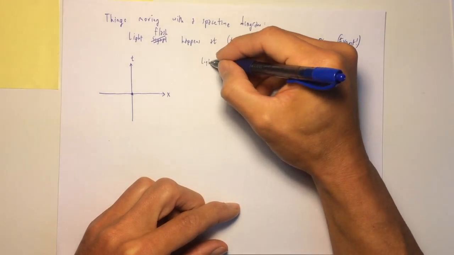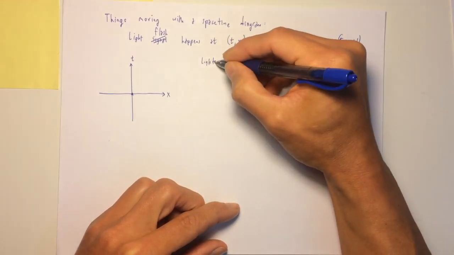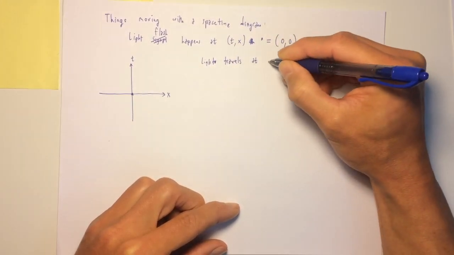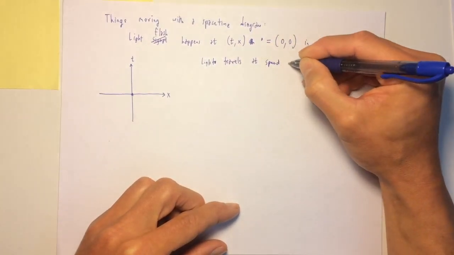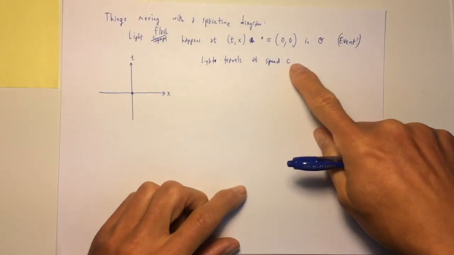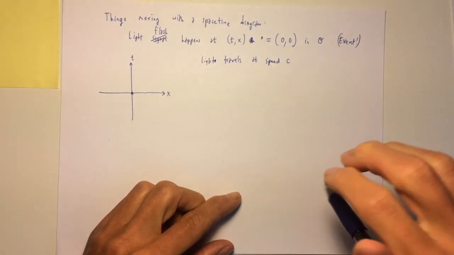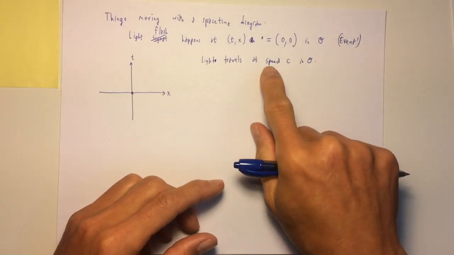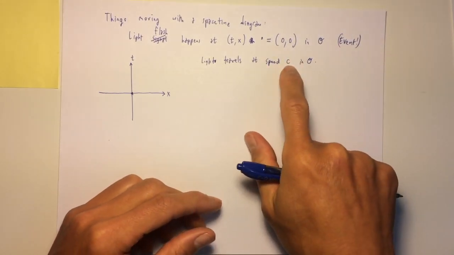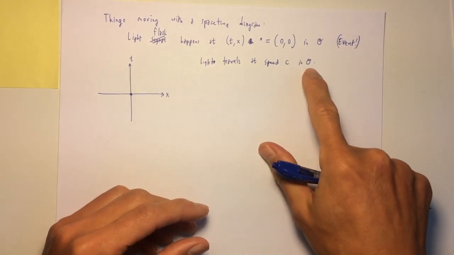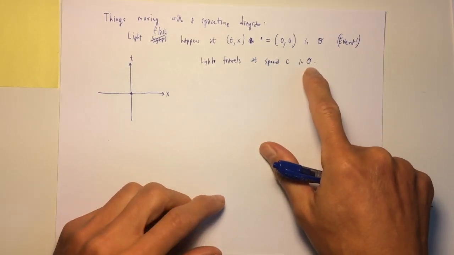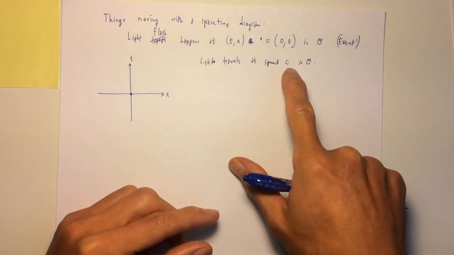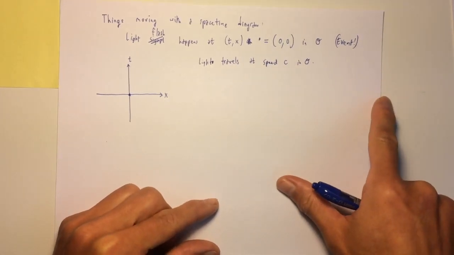So light travels at speed c, and that's the speed it travels in O, right? And actually, it'll be the speed c in every inertial reference frame, all the possible inertial reference frames. That's the quirk of the second postulate of special relativity due to Einstein.